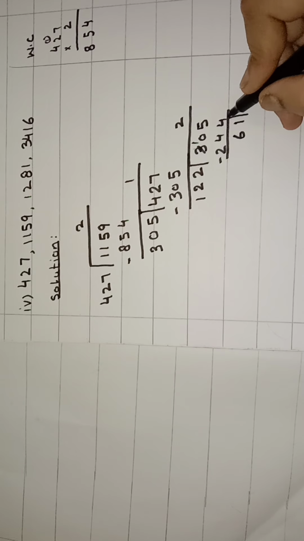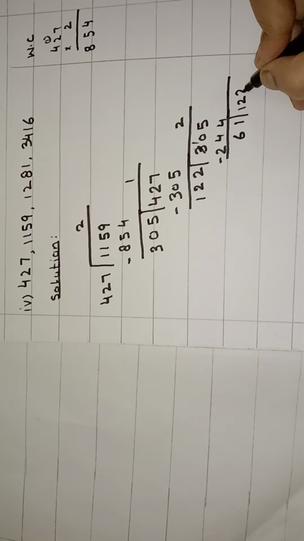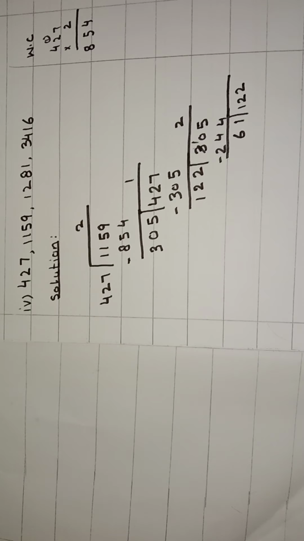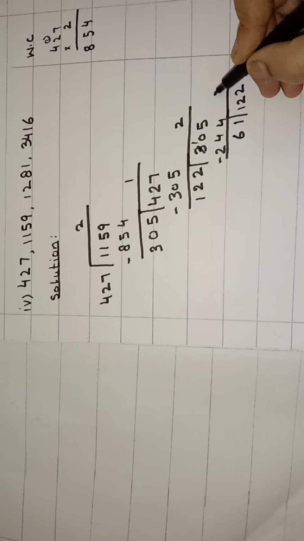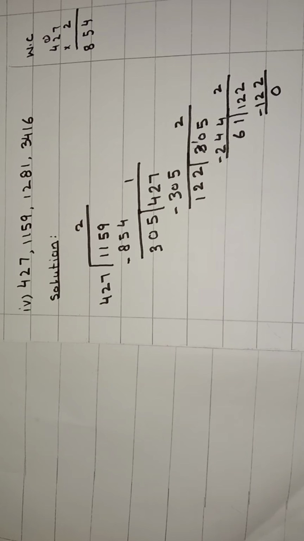Now 61, our remainder, becomes the divisor, and 122 becomes the dividend. 61 twos are 122. That's all. Remainder is 0. It means the HCF of 427 and 1159 is 61.